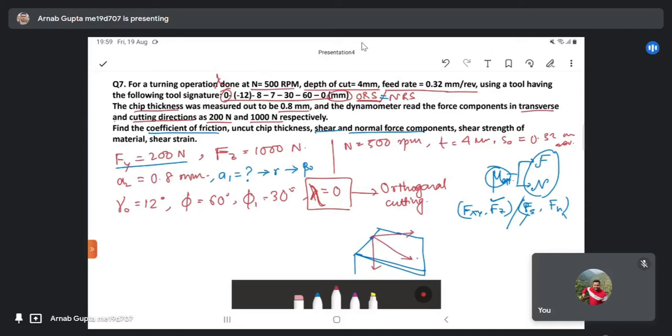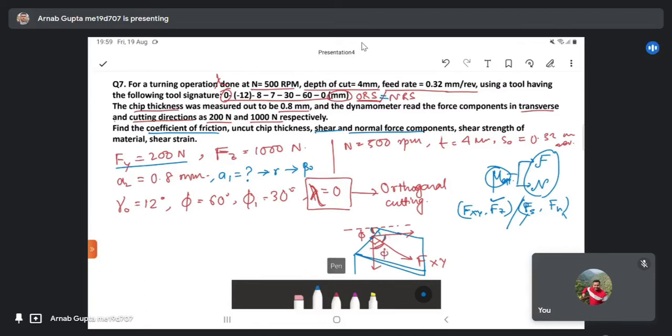This particular force Fxy, the thrust force, is perpendicular to this cutting edge. We know this value is phi, so this value is also phi.